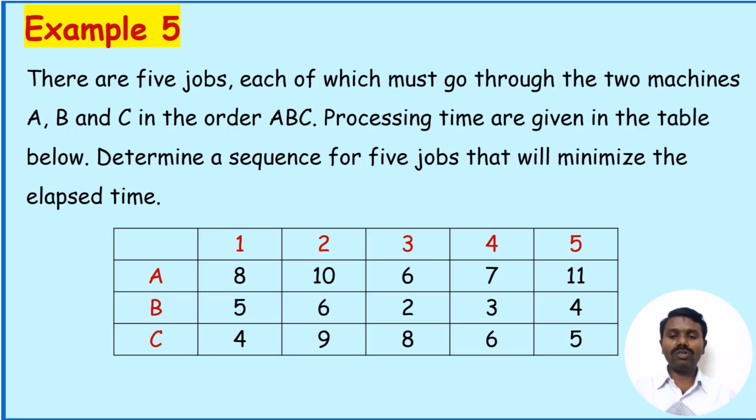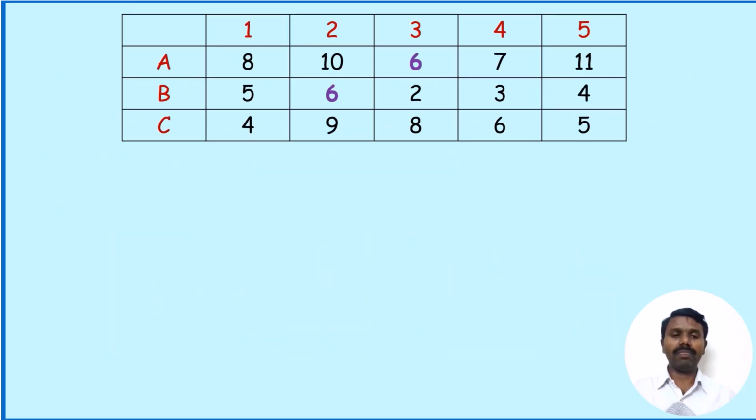According to Johnson's rule for 3 missions, we need to first check the applicability. First we see the maximum time in A, which is 11 minutes, the maximum time in B is 6 minutes, and the maximum time in C is 9 minutes.